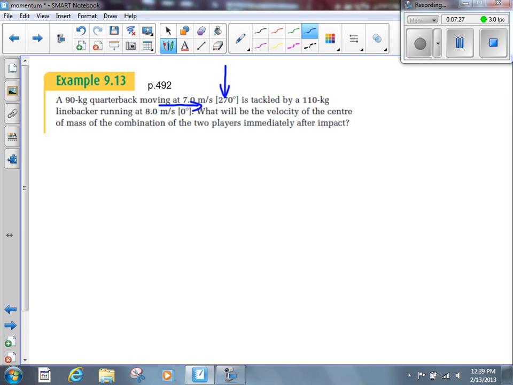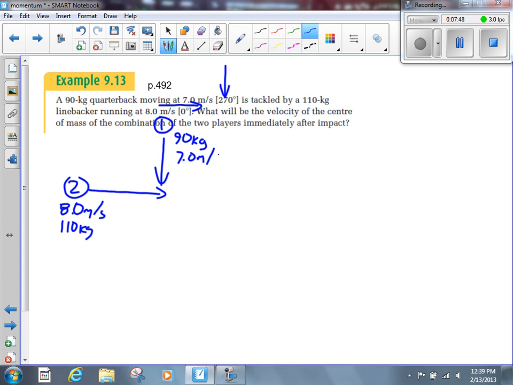Best way to do this is to draw a picture. We've got object number 2 traveling to the right at 8 meters per second, and his mass is 110 kilograms. We've got object number 1 traveling downwards. His mass is 90 kilograms, and his velocity is 7.0 meters per second. Where do you think the center of mass of these 2 football players is going to go immediately after this collision takes place?